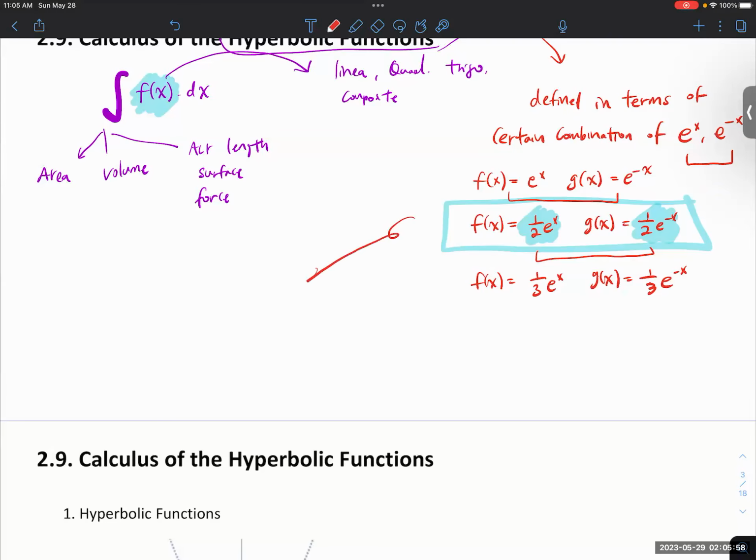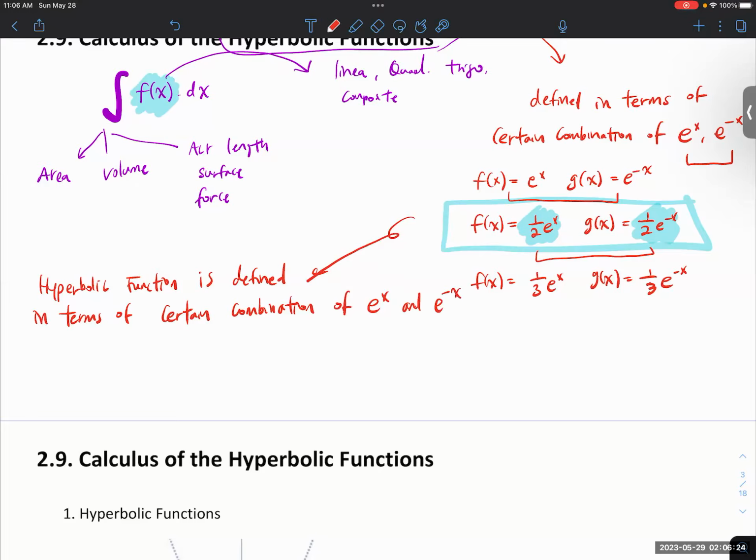Let me write this down one more time. Again, hyperbolic functions are defined in terms of certain combinations of e to the x and e to the negative x.